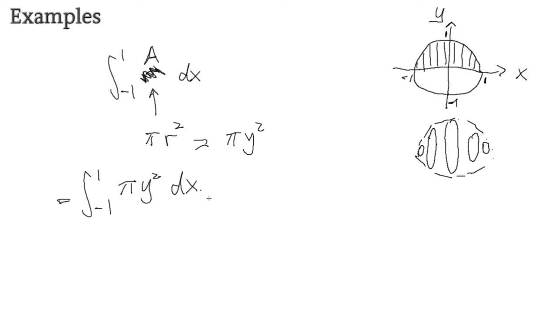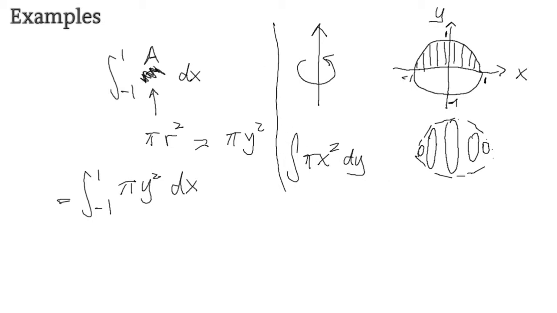So if you are rotating around the y-axis, then you will have a pi x squared dy expression. But since we're rotating around the x-axis, clockwise or anti-clockwise, it doesn't matter by the way, we are using this expression, and always state your limits that are valid.